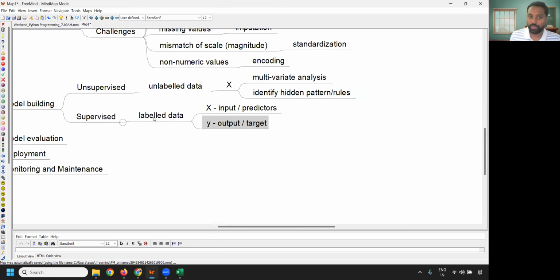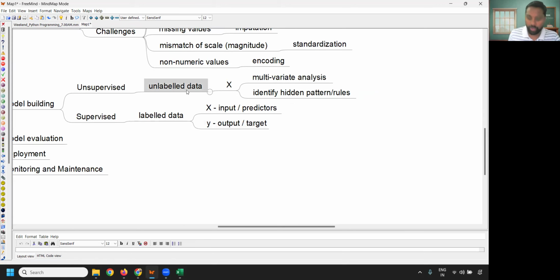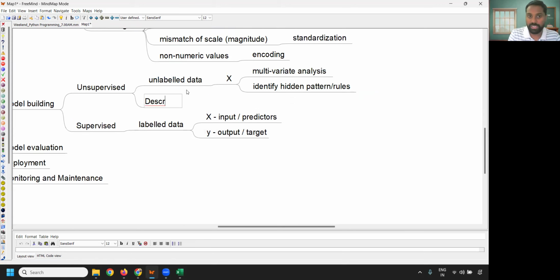And when we talk about supervised learning, when we have labeled data, this is where we do predictive work. When we talk about unlabeled data, we are basically trying to do what? Description. So we say descriptive analytics is being performed.